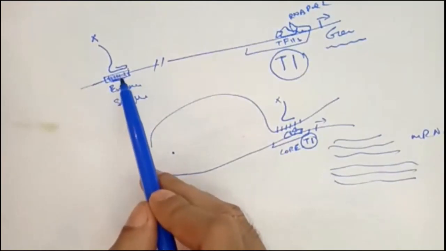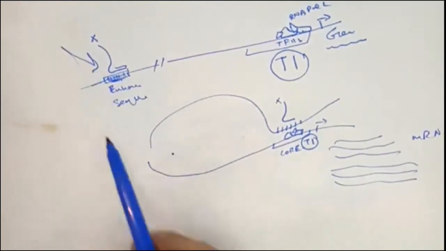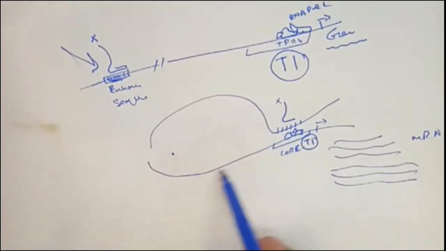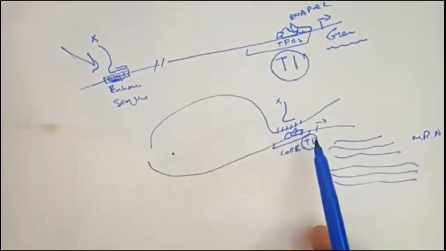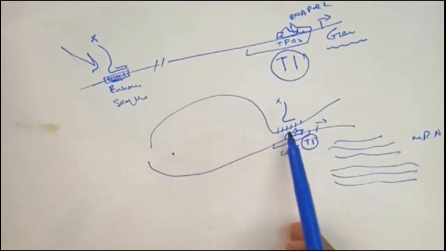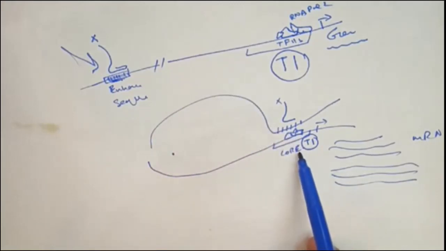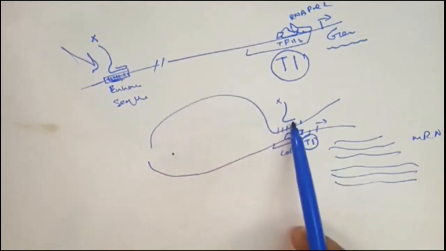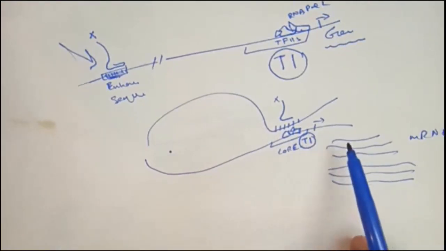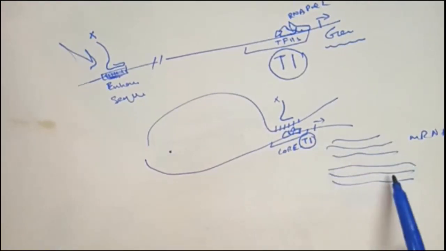If that sequence is here, it will recruit this protein. Because of the three-dimensional topology of the DNA, that portion comes very close to the core promoter region, and it will bring that protein very close to it, and it kicks and produces a large number of messenger RNA.